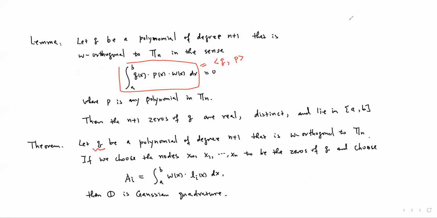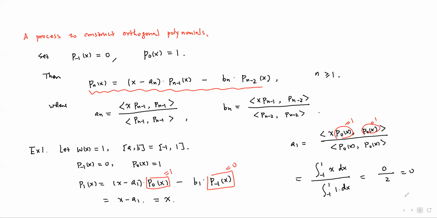By the theorem here, the nodes are the zeros of the orthogonal polynomial of degree 3, because n is 2, so n plus 1 is 3. Yes, the nodes are the zeros of the orthogonal polynomial of degree 3.